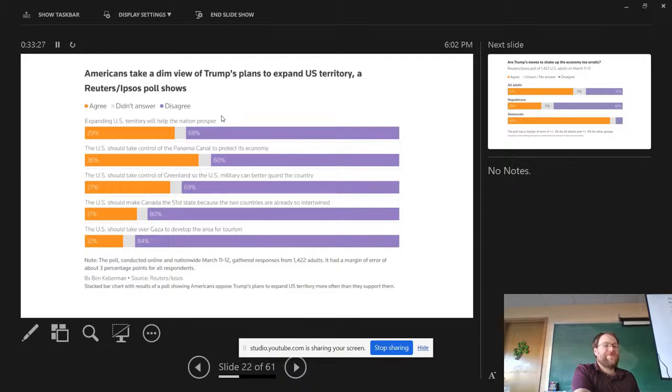So that means all of these numbers can go up or down by 3% to account for error. So when you see 29 there, it could be as low as 26. It could be as high as what number? 32. But that's how margins of error work.